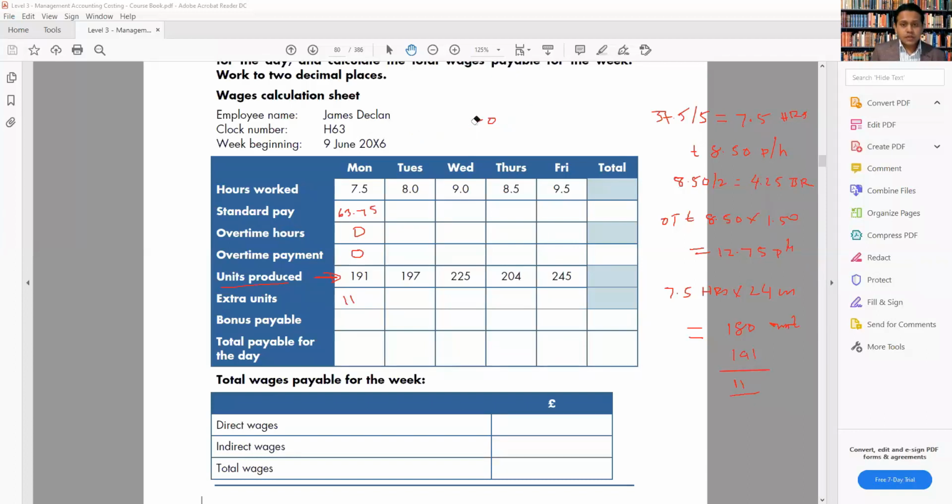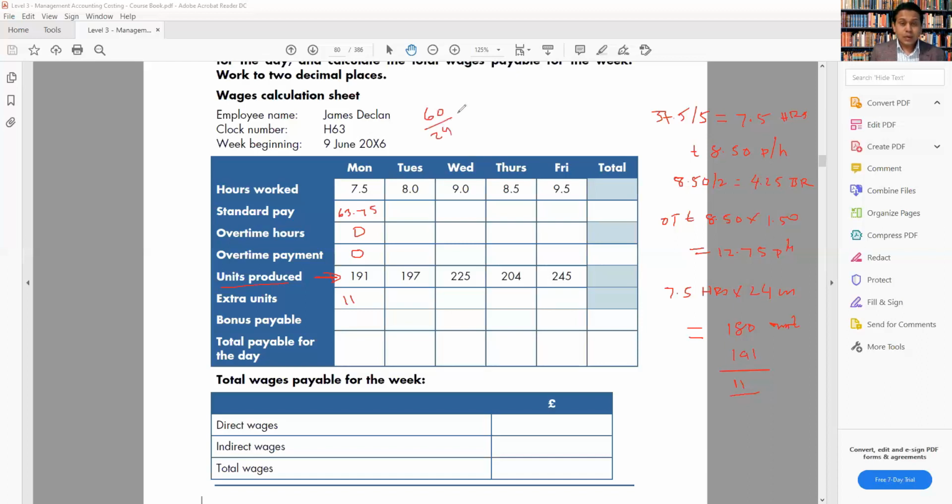Now I want all of you to be a little bit careful with the bonus calculation because it could be tricky in the exam. So let's have a look at how we calculate the bonus. First we need to identify how many minutes we need to make 11 units. Let's say in 60 minutes we can make 24 units.